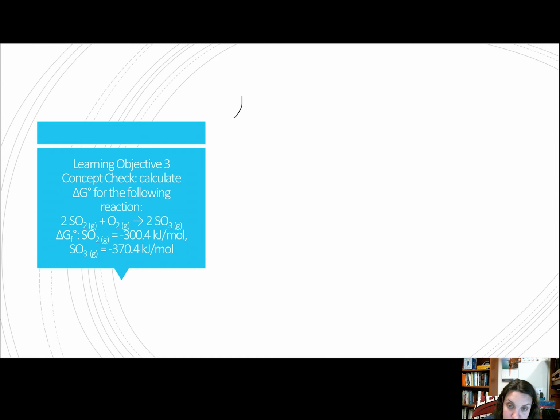So our delta G for this reaction is going to be our products minus our reactants. So here we're going to have 2 moles times our negative 370.4 kilojoules per mole for our 2 SO3 product.